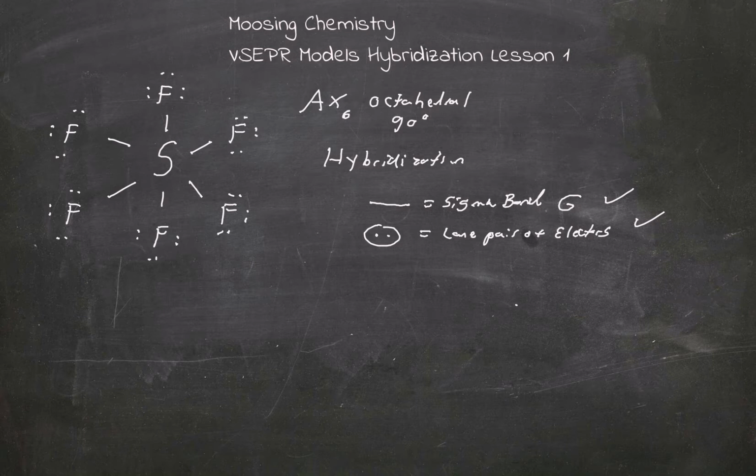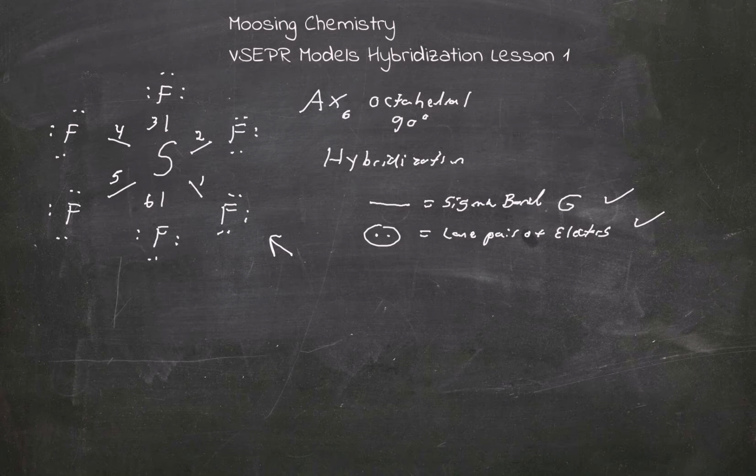So remember that only sigma bonds and lone pairs of electrons are hybridized. So again, let's look at our structure right here. We're going to look at the S. Each one of these is a sigma bond: 1, 2, 3, 4, 5, and 6.